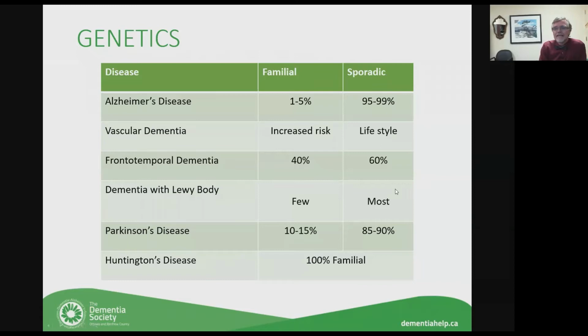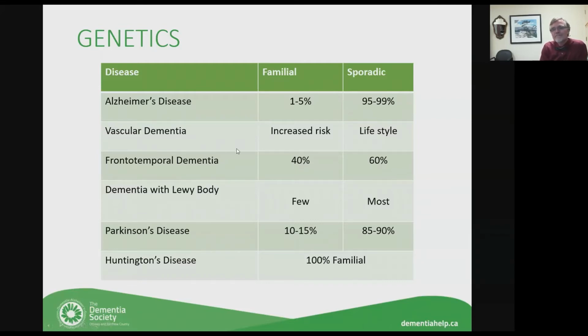So this table tries to show the different subgroups of dementia causes, right, the different diseases, and then what percentage is familial, meaning that it's genetically transmitted, versus what's sporadic. So it just seems to come on its own, or we don't know why. So Alzheimer's disease, only up to 5% are actually familial, with 95% being sort of more spontaneous.